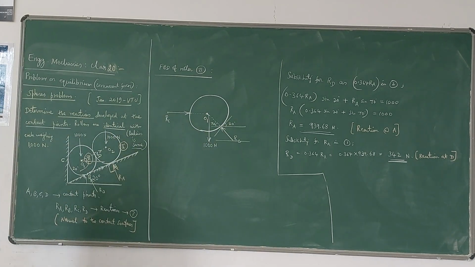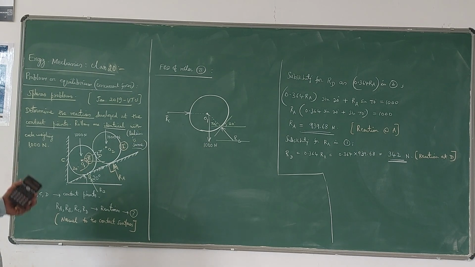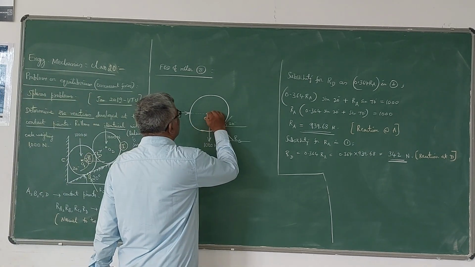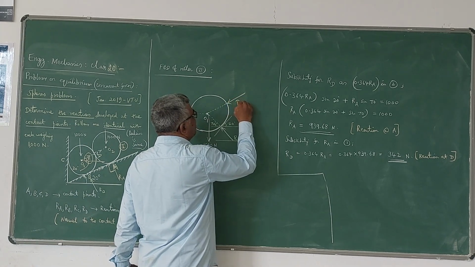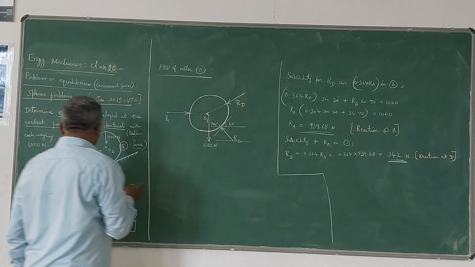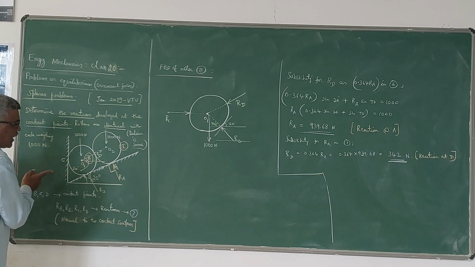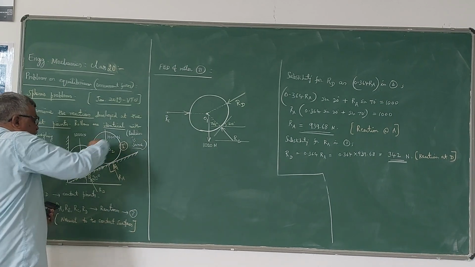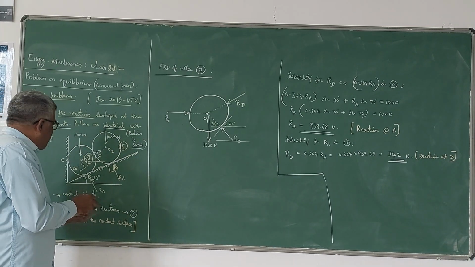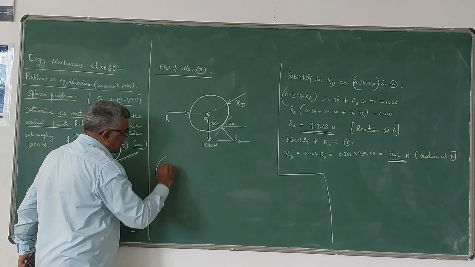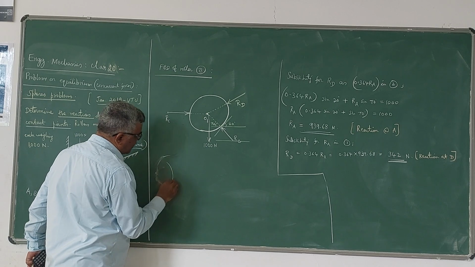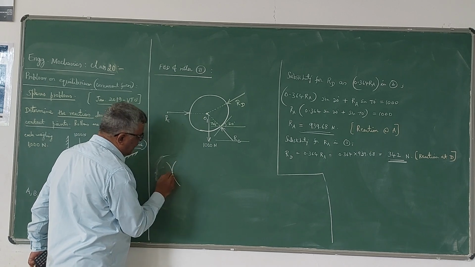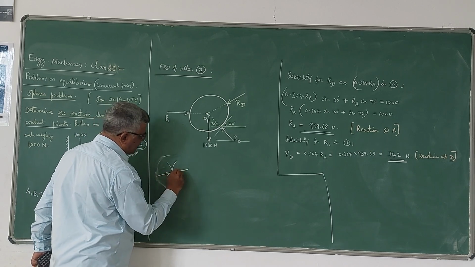So that is RB. Then you have one more reaction, RD. Please note that RD will be acting like this for the second roller. For the first roller, RD will be acting like this. For the second roller, RD will be acting like this. That means at the point D, you have RD in both directions like this.